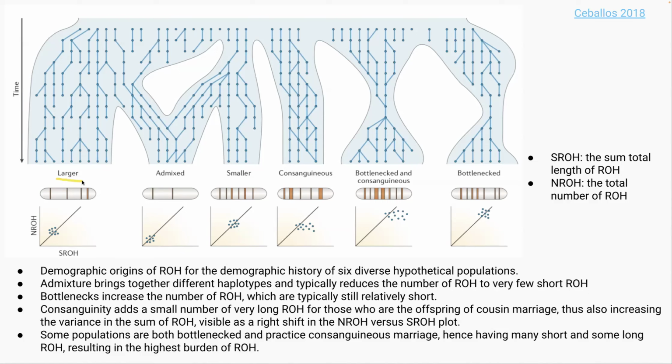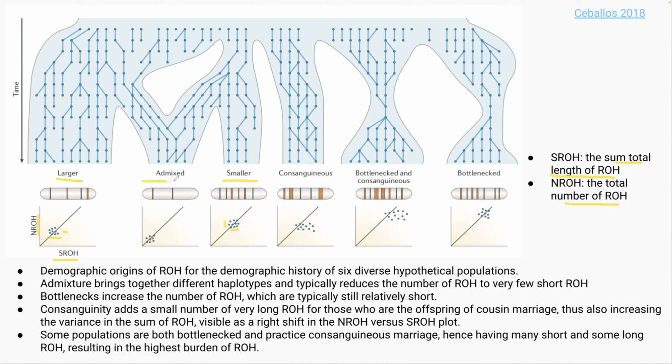If you look at a large population like the African, the sum of ROH is at this level, and the number of ROH at this level on the y-axis. If you compare the large population to a small population, let's assume this is European, the sum is increased compared to here, and the number also increased as well, right?